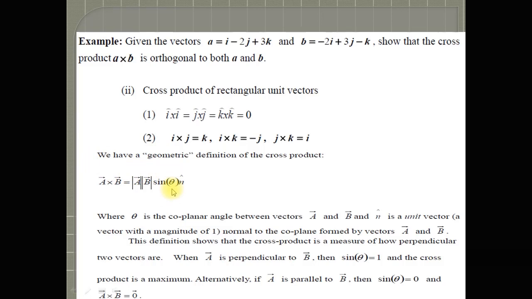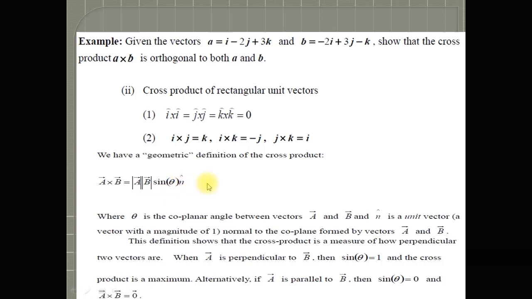So the dot product of two vectors is denoted by A dot B and given by the formula |A||B| cos theta, and the vector product of two vectors A and B is denoted by A cross B and given by the formula |A||B| sine theta n cap.